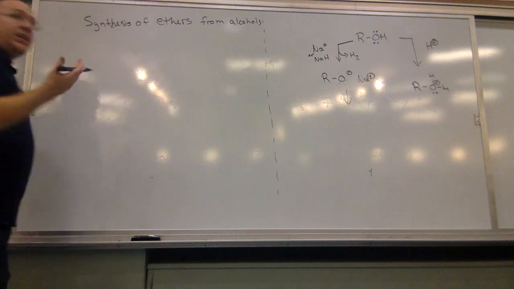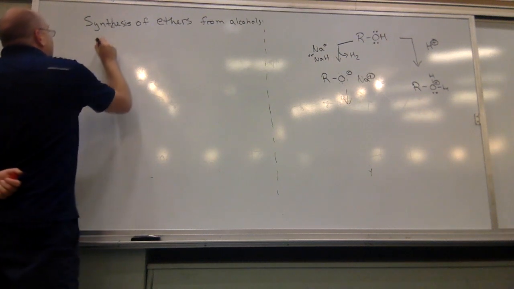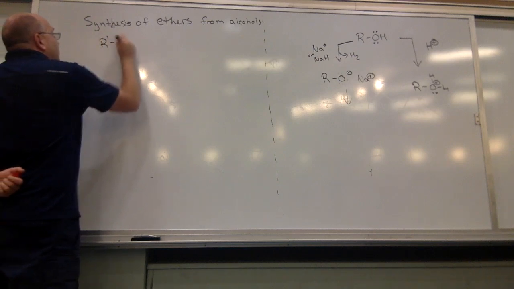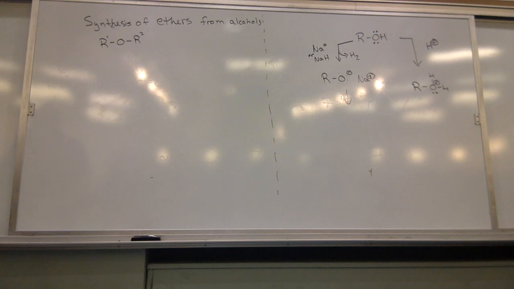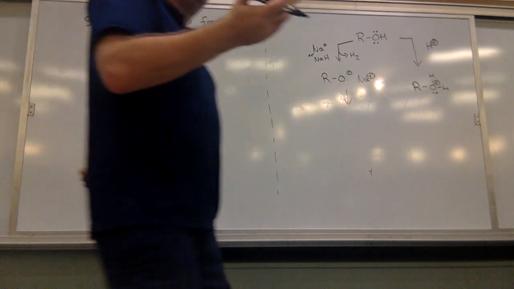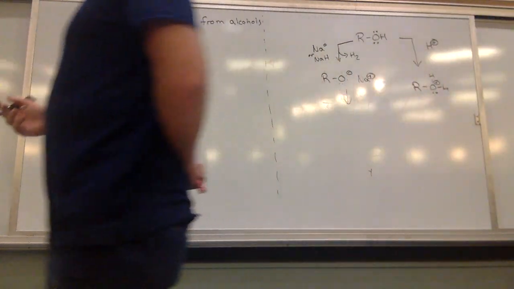Okay, so an ether, right? An ether is a molecule, we'll just say R1, R2, where we've effectively replaced one of the bonds of the oxygen, the one to the hydrogen, with another carbon, right?